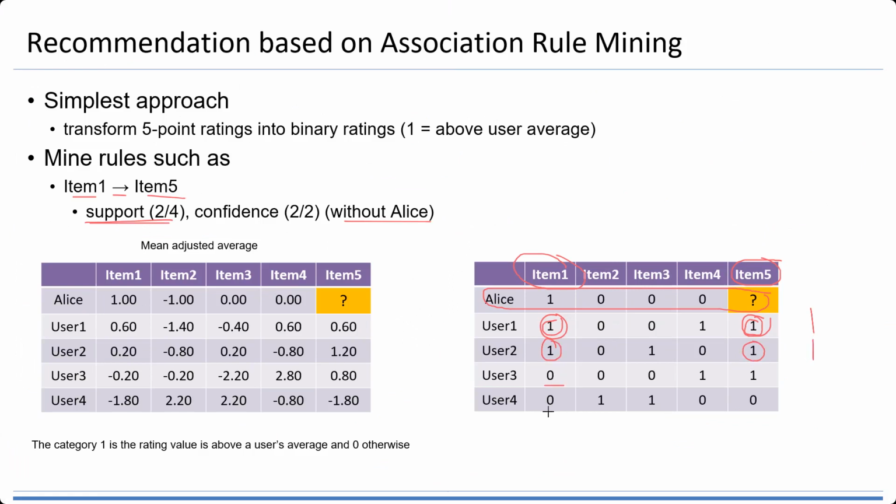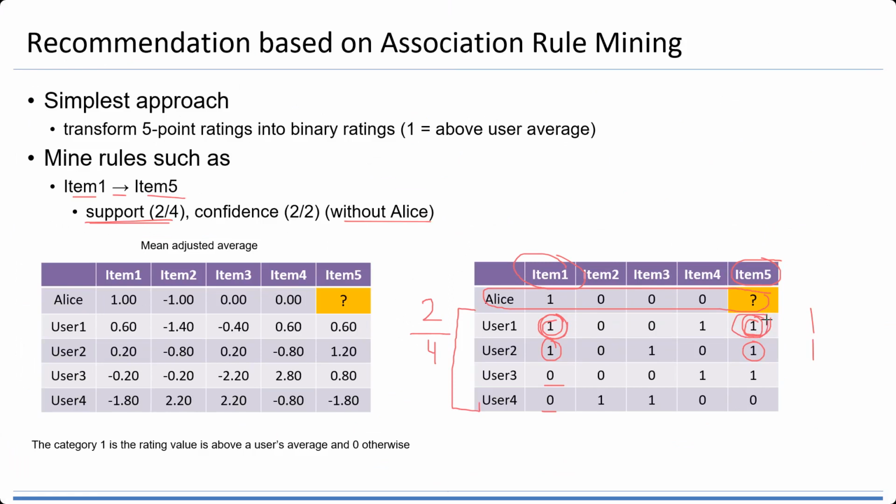This is no, this is no, 0. 0 means we do not need to consider. Among the values, we have 4 transactions. Among 4 transactions, there are 2 transactions with item 1 and item 5 both having the rating 1.